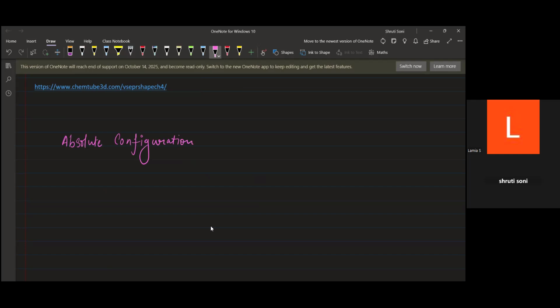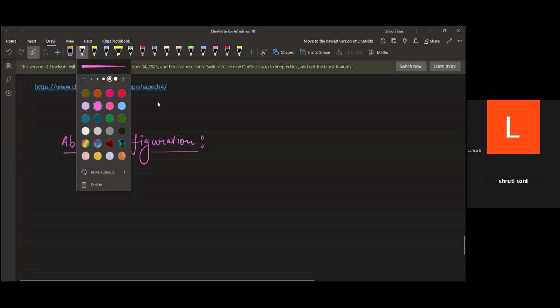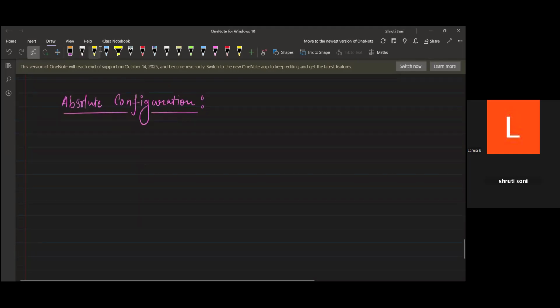Why are we using absolute configuration? What is the use of absolute configuration? Do you have any idea? I think it helps us understand what kinds of products we would get, or how the molecule looks during a reaction, at different stages of the reaction.